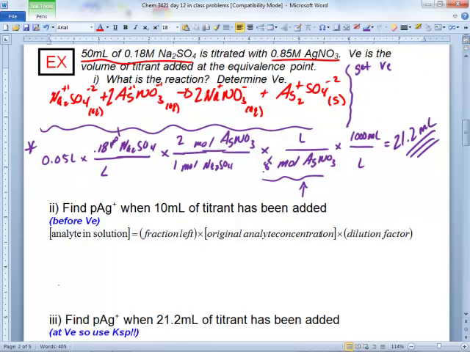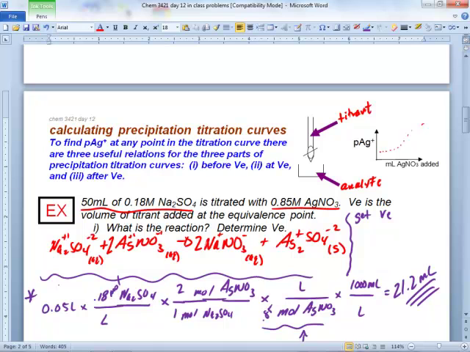Okay. We want to find the negative log of the silver ion concentration when we add 10 mils of titrant. So we're definitely before VE, right? Because VE is 21. So we added some titrant, and the titrant was AgNO3. You can just write that up there.